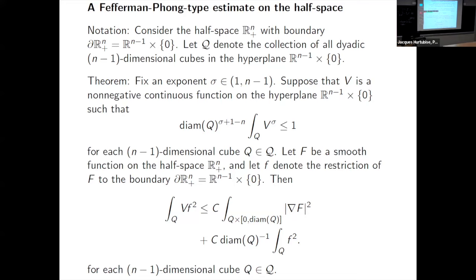So here you have a boundary integral on the left, and you have an integral over the inside of the H^1 norm on the right. And yeah, so this is exactly the ingredient you need. And the proof of this estimate is quite sophisticated. I mean, it uses Calderon-Zygmund decompositions and all these classical techniques in harmonic analysis.